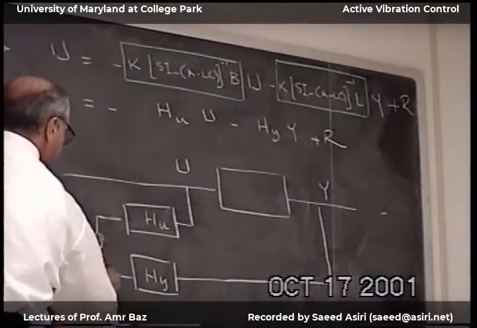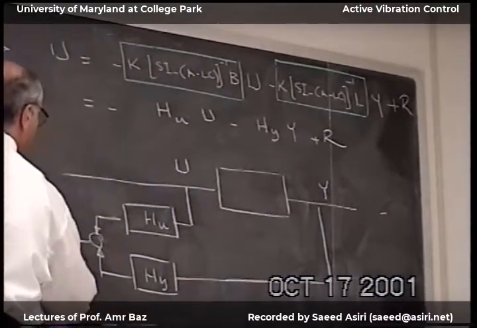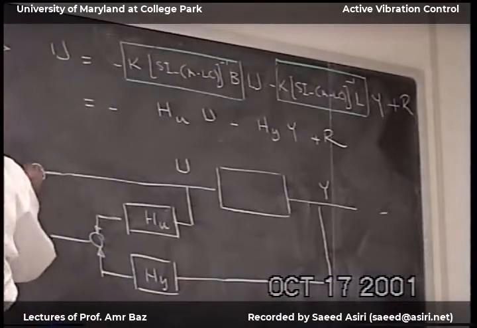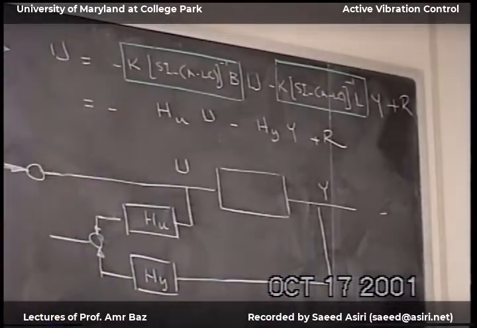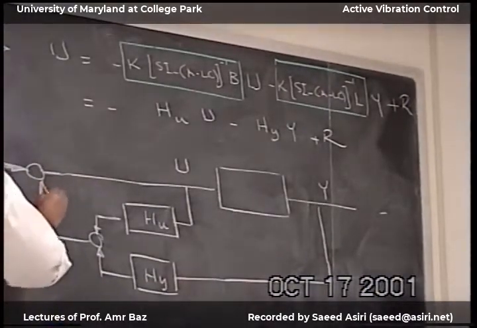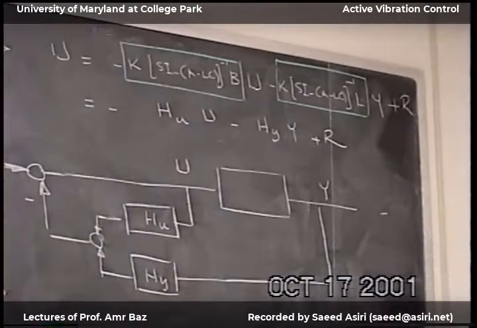I combine these two, feed them negatively, and subtract from the R. And this equation will give us this block.